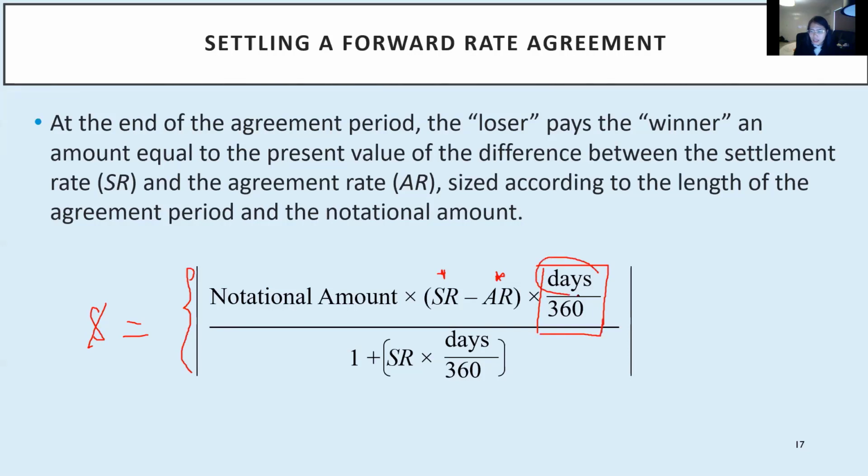So the days here are the number of days between month 3 and month 9, okay? So for our particular example, it will be 6 months. That means it's 180 days, okay?